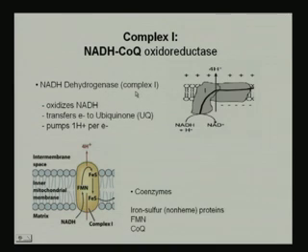Now, if we see the structure of this particular enzyme, it has two arms. One is the hydrophobic horizontal arm, which is buried inside the membrane, and the other, the vertical arm, contains the peripheral membrane proteins of the complex, which is projected towards the matrix.